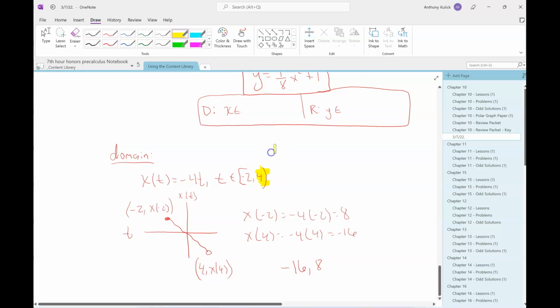But because 4 has a parenthesis, the x of t coordinate associated with the 4 also needs a parenthesis. And then since the negative 2 has a bracket, the x of t coordinate associated with the negative 2 also gets a bracket. So this will be the domain then for my Cartesian function.